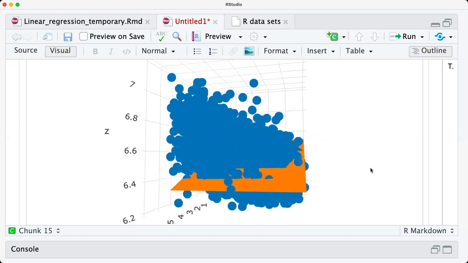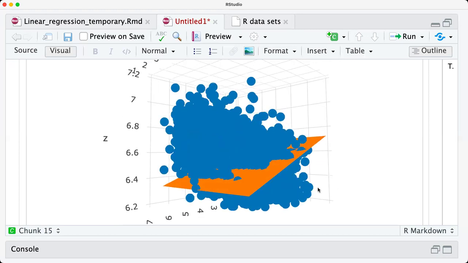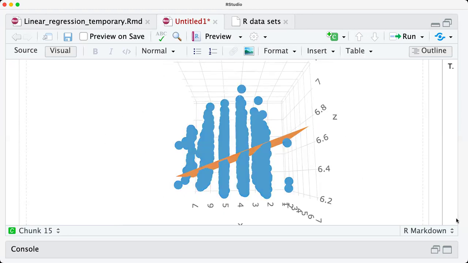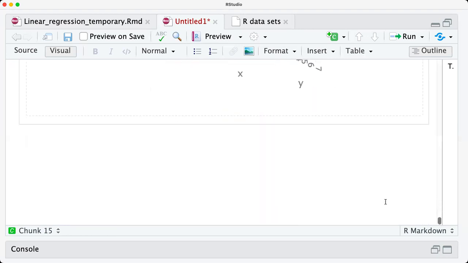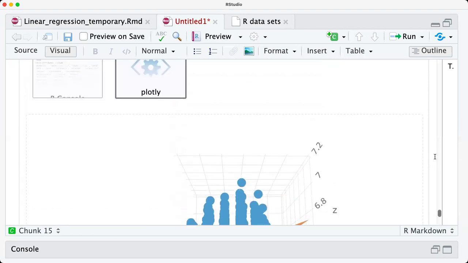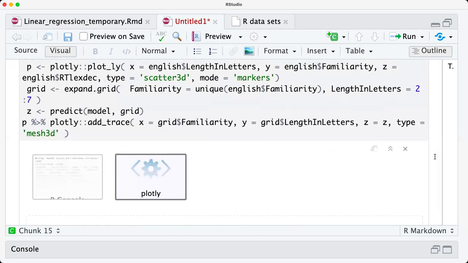I would have thought that... anyway, it's not a matter of that. So with this you can do the plots.